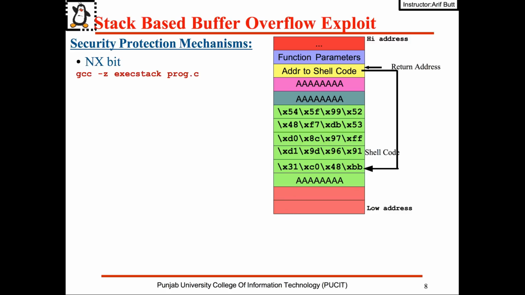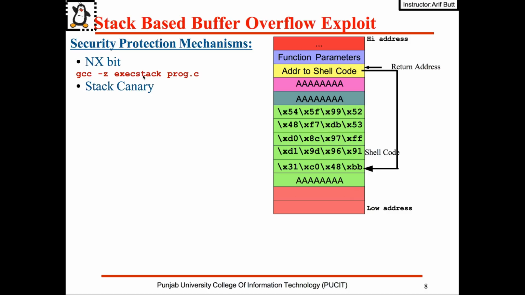Since in this case we need our stack to be executable, if the stack is non-executable, this exploit or this shellcode will not execute. Since we are newbies in this field, we will instruct GCC to disable the non-executable bit in the page table entries of the process stack. So we will compile our program with this option, -z execstack. This will make the stack executable.